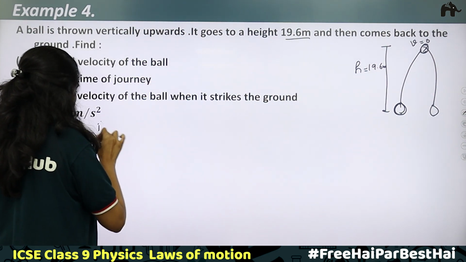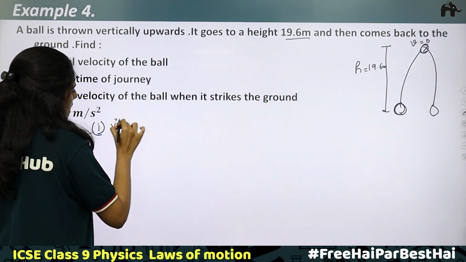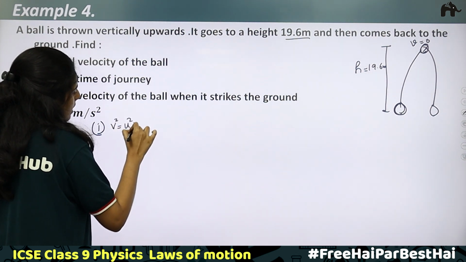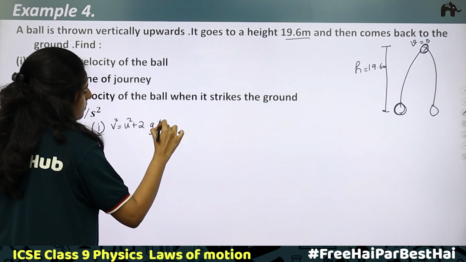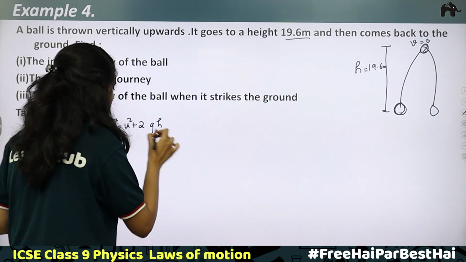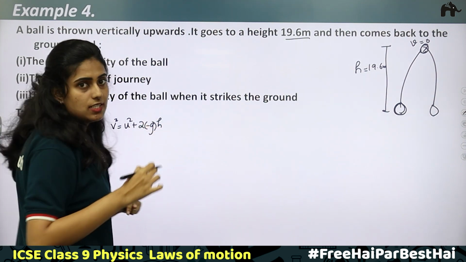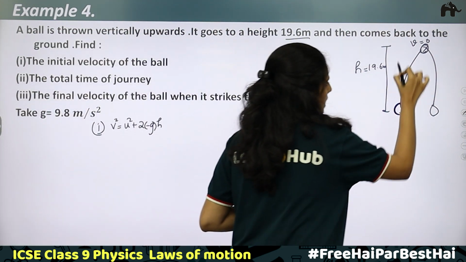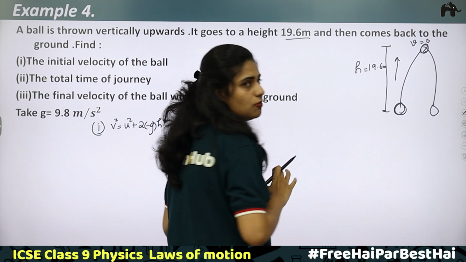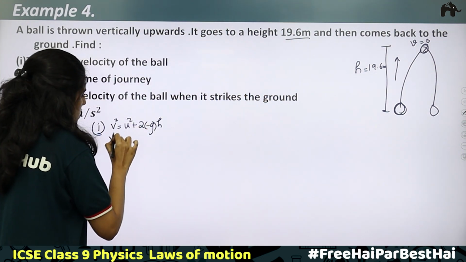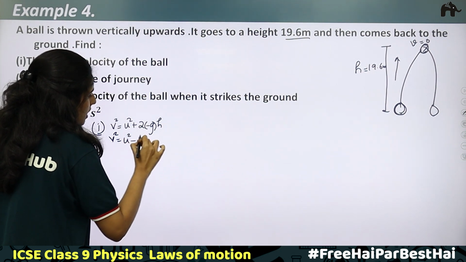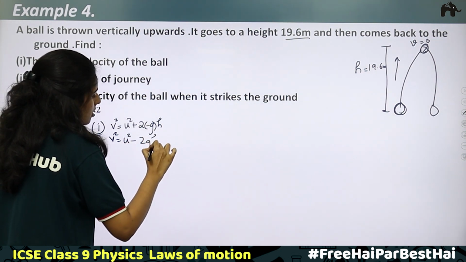We have the equation v square is equal to u square plus 2gh. Here you have to remember g will be negative. The reason is the body is moving in a direction opposite to the direction in which the force is acting. So g will be minus g. v square is equal to u square minus 2gh.